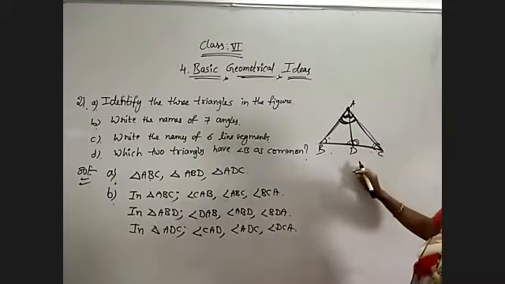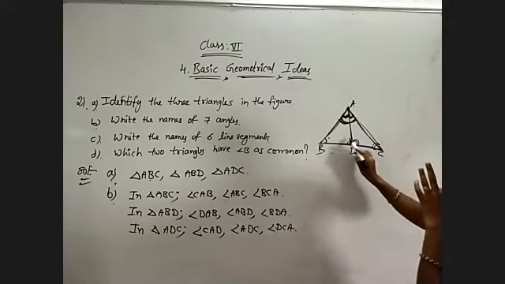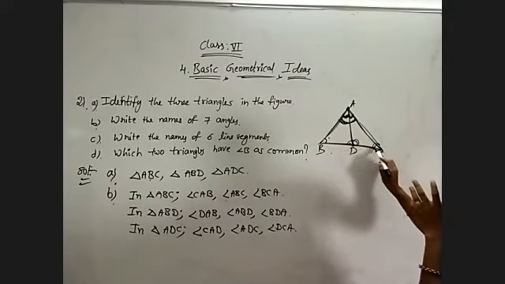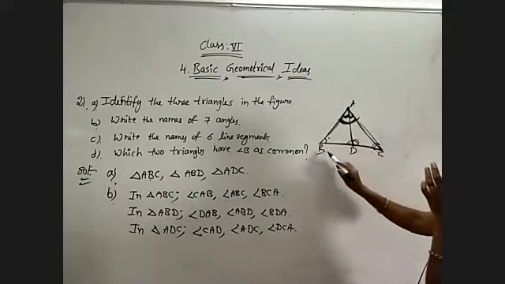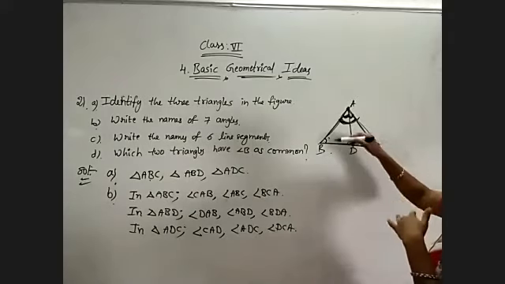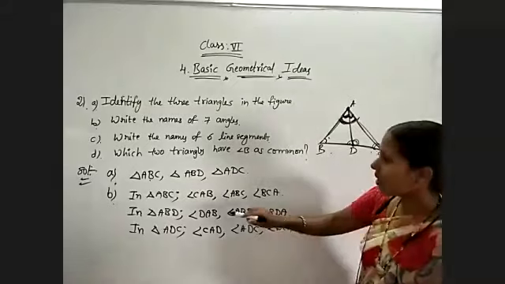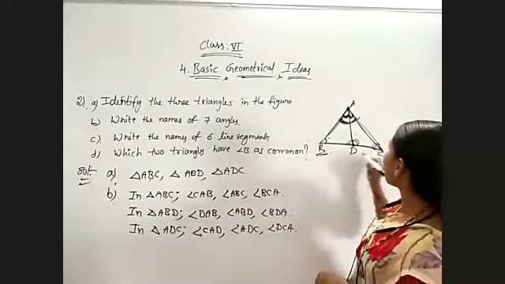Write 7 angles this side. 1, 2, 3 we got. 4, 5, 6, 7. B and C are common for triangles ABD, ADC as well as ABC. Observe if you have any doubt. B and C, check.